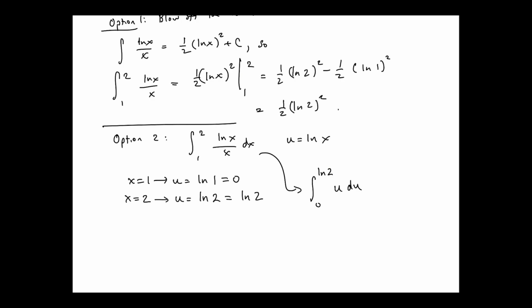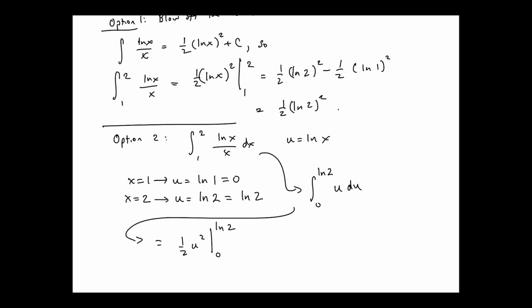Now we can just finish because, well, what's the antiderivative of u? Yeah, 1/2 u squared. And then I'm going from 0 to natural log of 2.